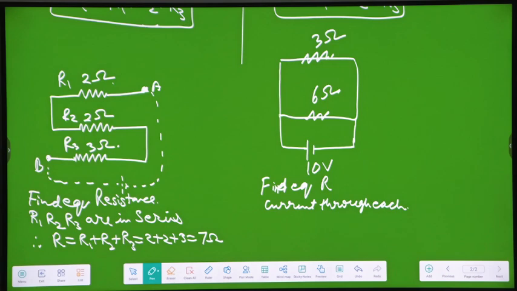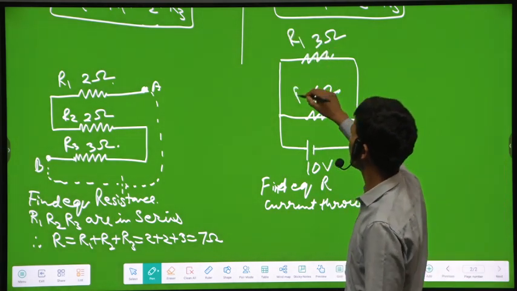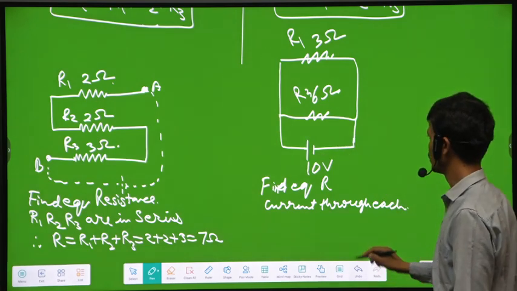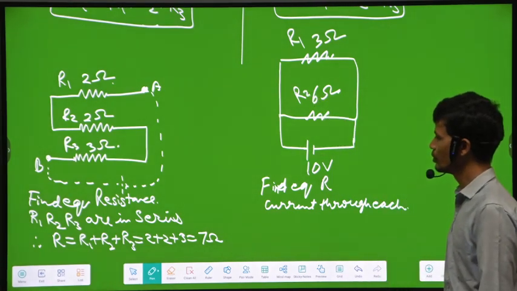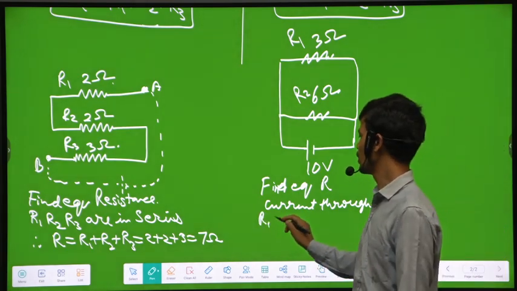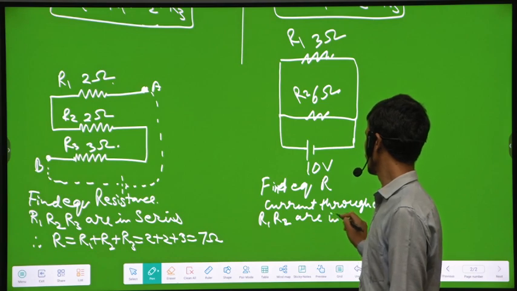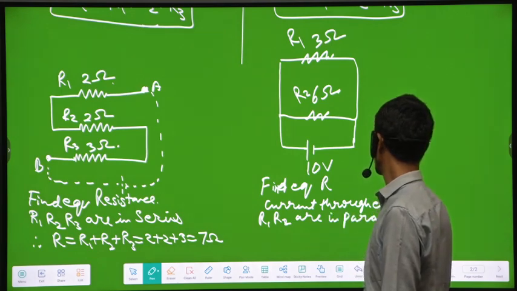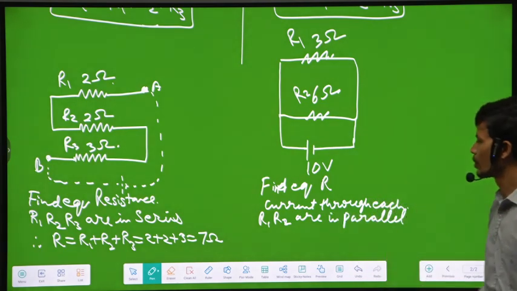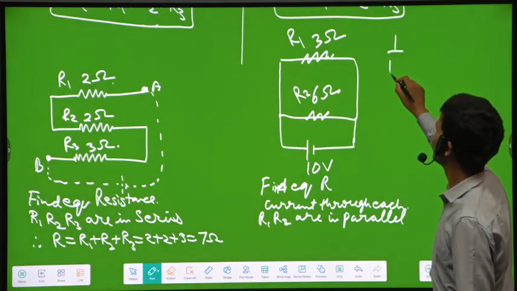Okay, so equivalent resistance. Step 1, mark them. Oh, sorry. Step 2, identify the combination. R1 and R2 are in parallel. Then apply formula. 1 upon R12.